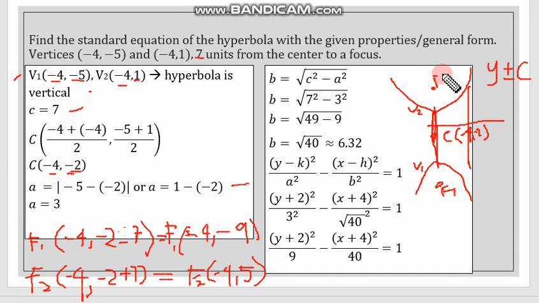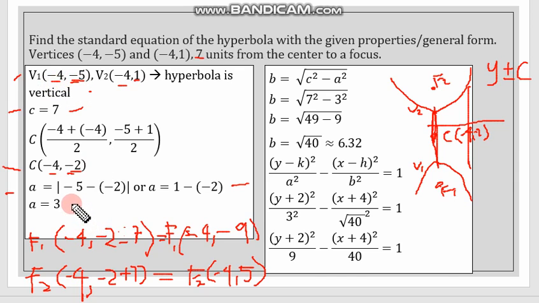But anyway, what we need to find is the standard equation. We have c already, so we get the value of a, since we have the center and the vertex, either vertex 1 or vertex 2. Again, our hyperbola is vertical, so we subtract the y-coordinate of the center from the y-coordinate of the vertex to get a.